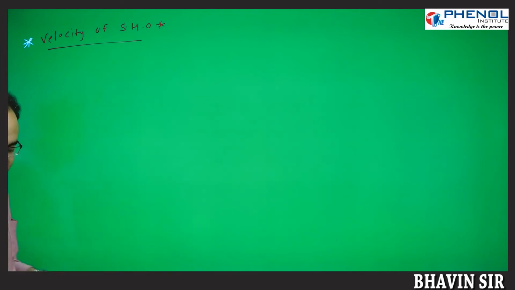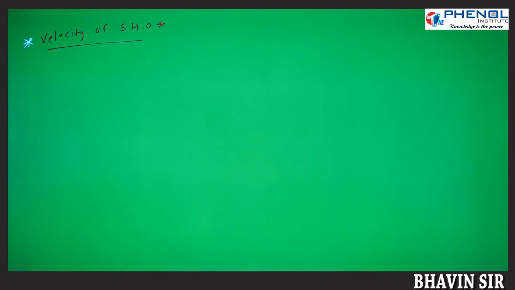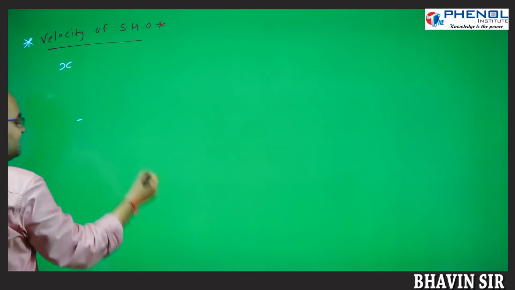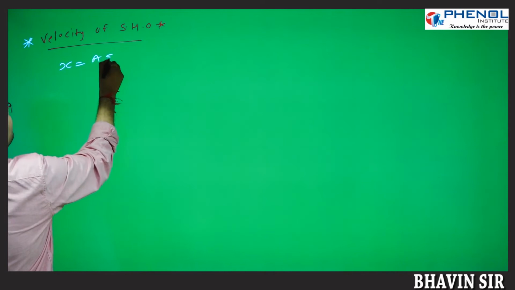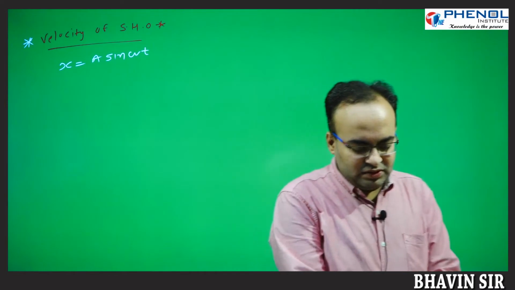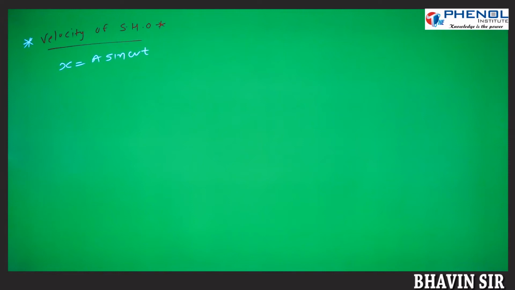So, okay, see, we derive the equation, students, I don't write it directly because some steps will be used in it. Okay, so what is the equation of SHM? Equation of SHM is given by x equals a sin omega t.